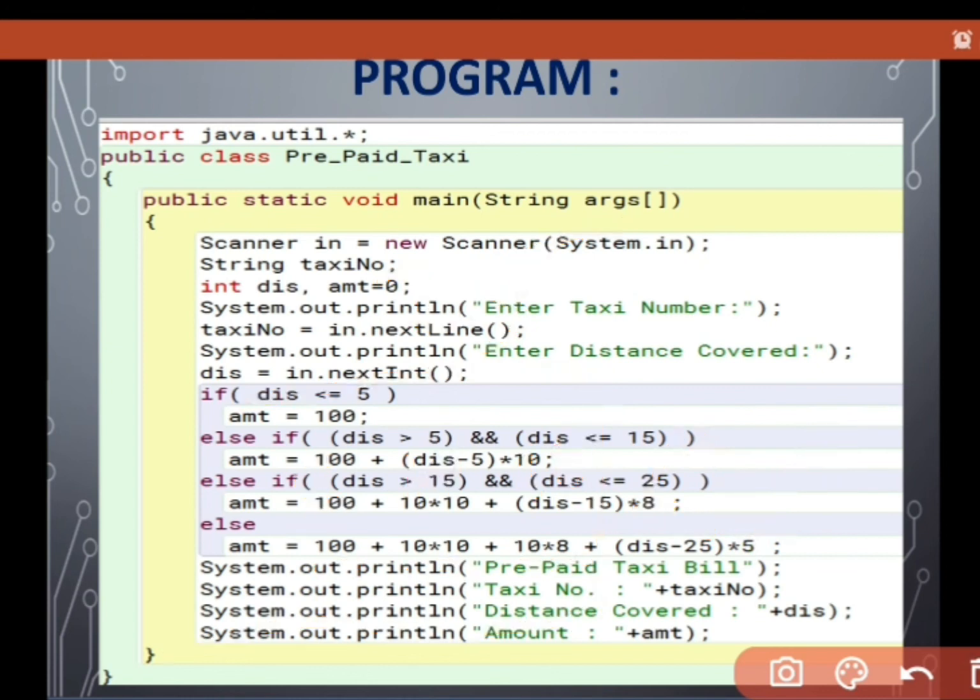Now, after finding out the amount, we have to display the bill. The prepaid taxi bill we have to display, meaning taxi number. According to the question, we have to display. Always remember the demand of a question.